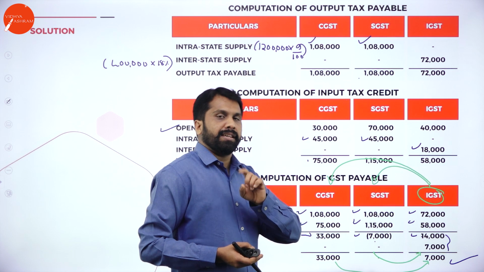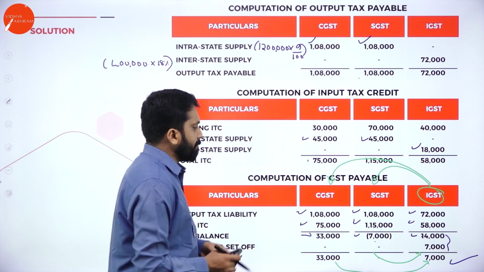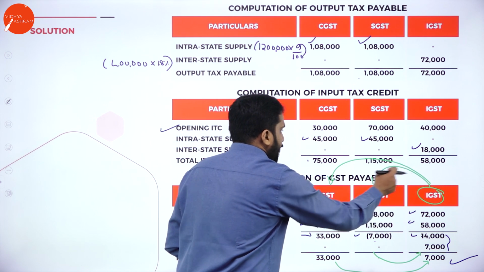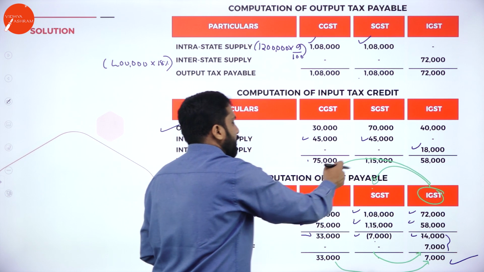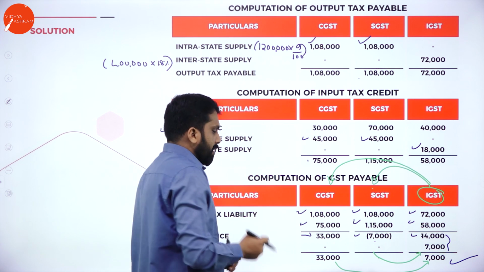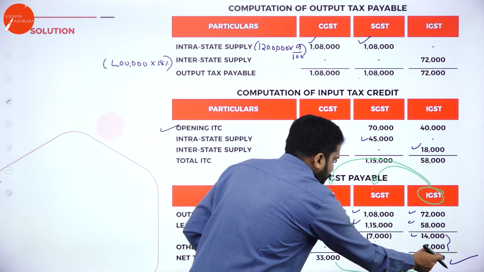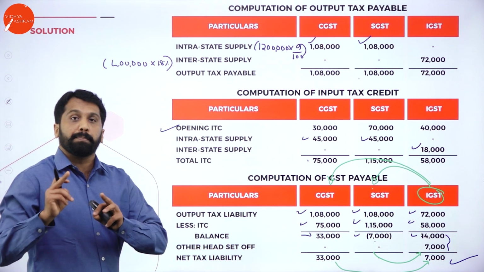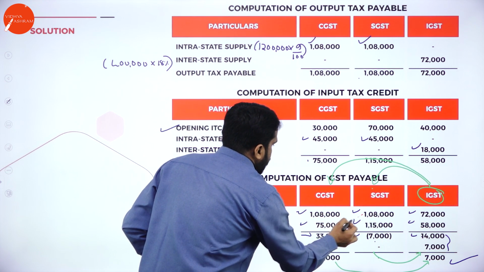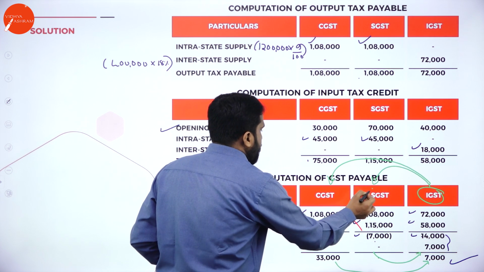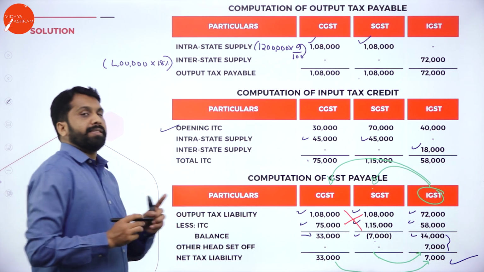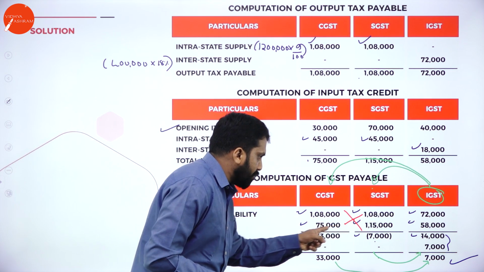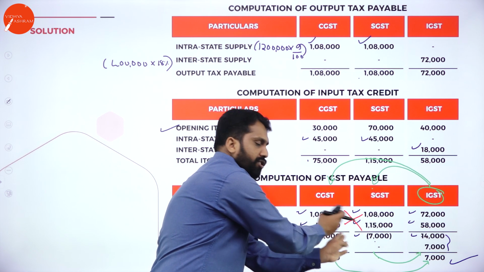Clear? Yes. And the last concept is this person can borrow from IGST, this person can borrow from IGST. But CGST cannot borrow from SGST, SGST cannot borrow from CGST. These two members cannot interchange.